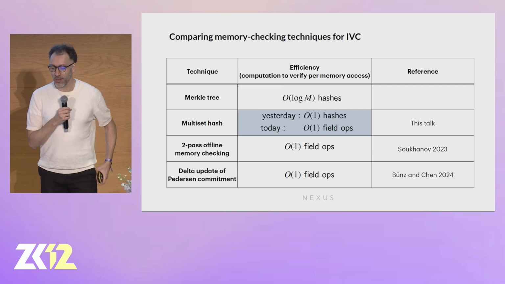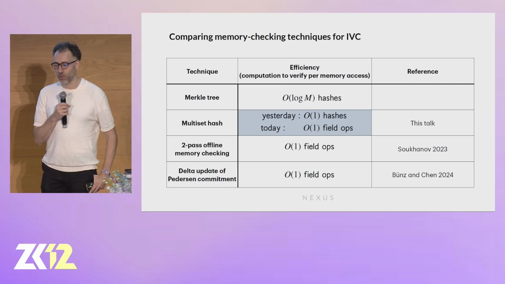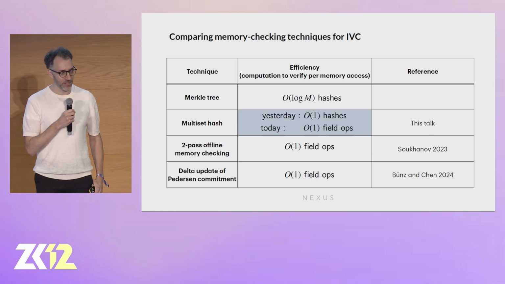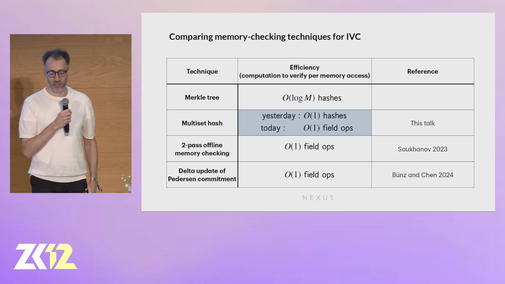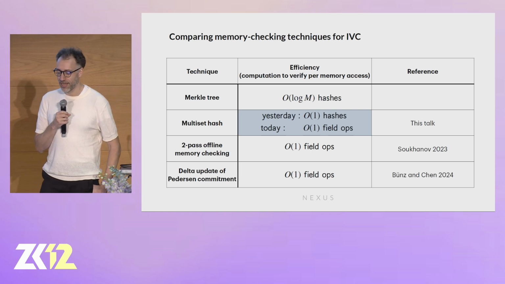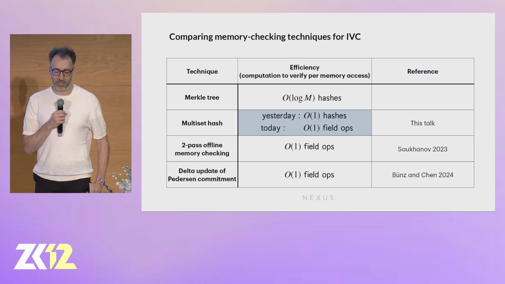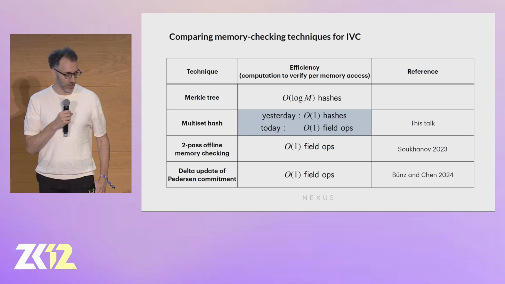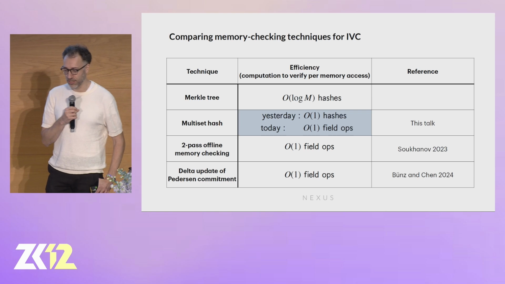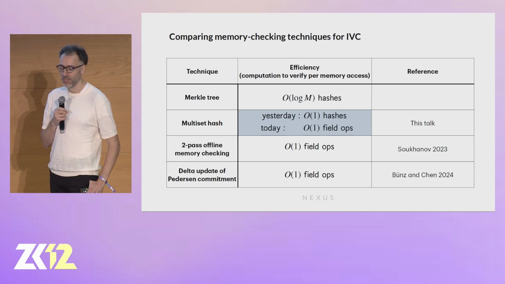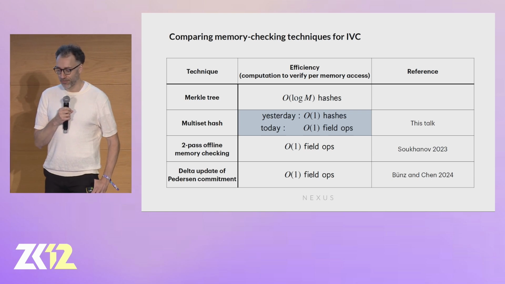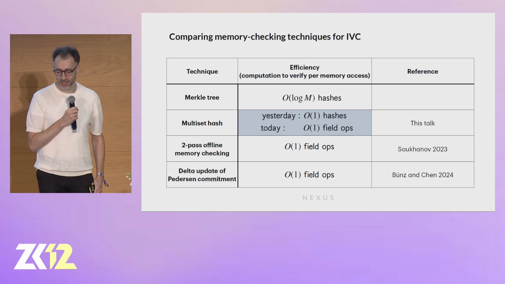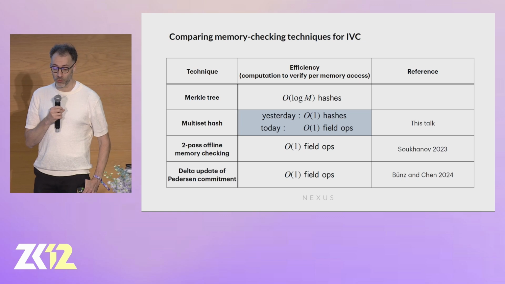Okay, so it's something that people have worked on before. There are standard techniques based on Merkle trees, which is not very efficient. But then there are also some efficient techniques. The multiset hashing technique came out in a paper in 2018 by Setty et al. called Spice. And then there are other techniques for offline memory checking, which is quite recent.